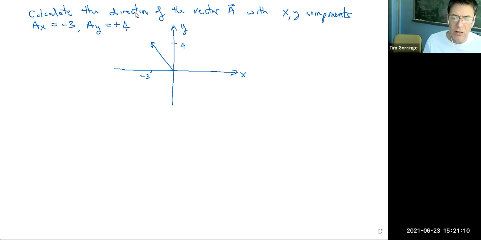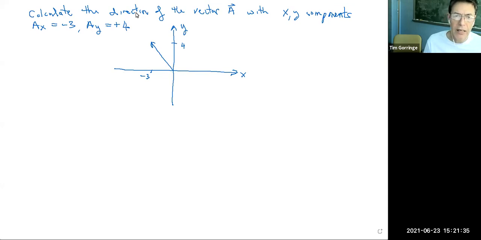Well, the answer to that question is it depends. It depends on the angle that we're trying to calculate. Are we calculating the angle of the vector with respect to the horizontal? With respect to the vertical?